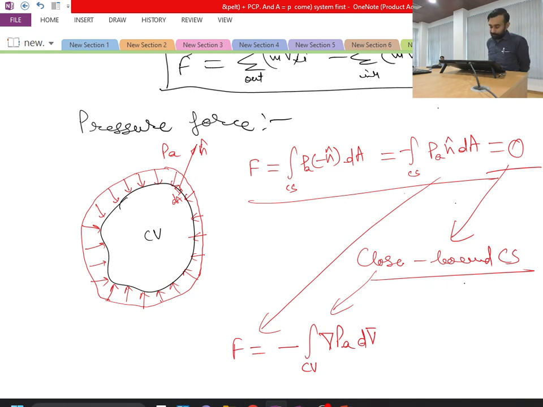Then this force in terms of volume can be written as gradient of PA times dV bar. Is the point clear? So I can say that in this formulation the force is not even depending upon the shape of the control volume, because area is defined by the shape. So the shape of the control surface does not have much role.